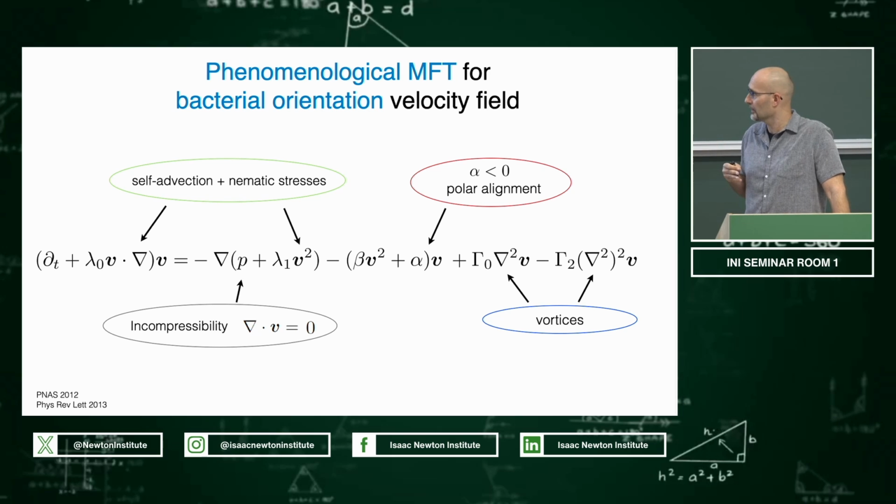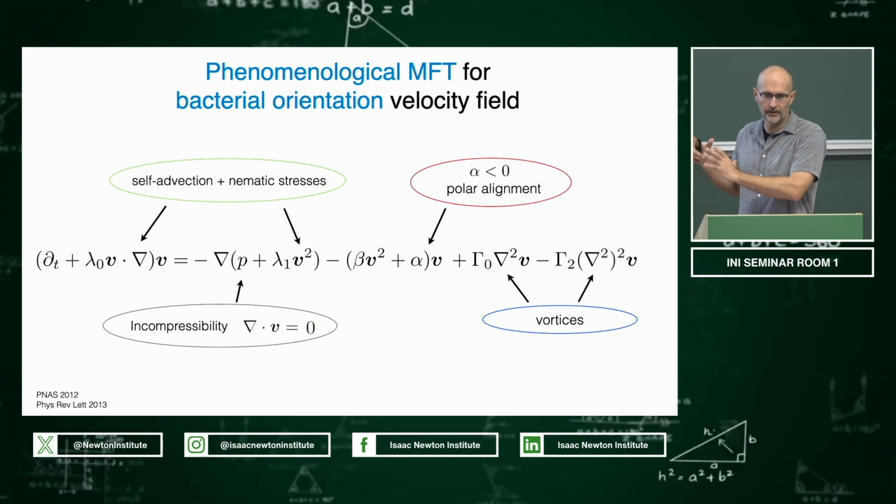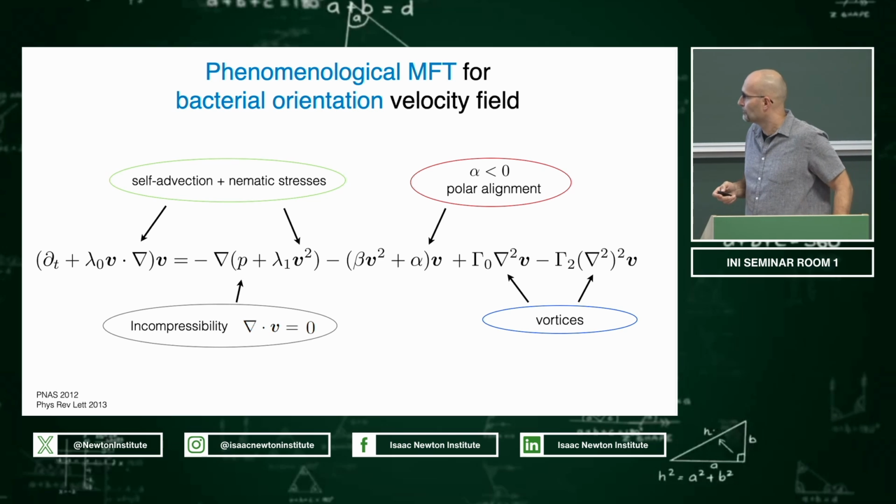So we took a step back and came up with a phenomenological approach where we said, let's take the Toner-Tu model, which is the standard model of active motion. I will walk you through the terms, and let's just add a linear instability. Let's put in a certain scale selection by hand using a Swift-Hohenberg type approach.